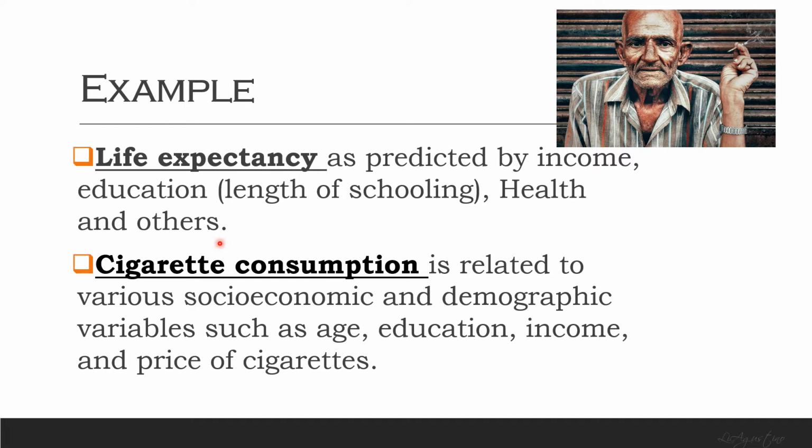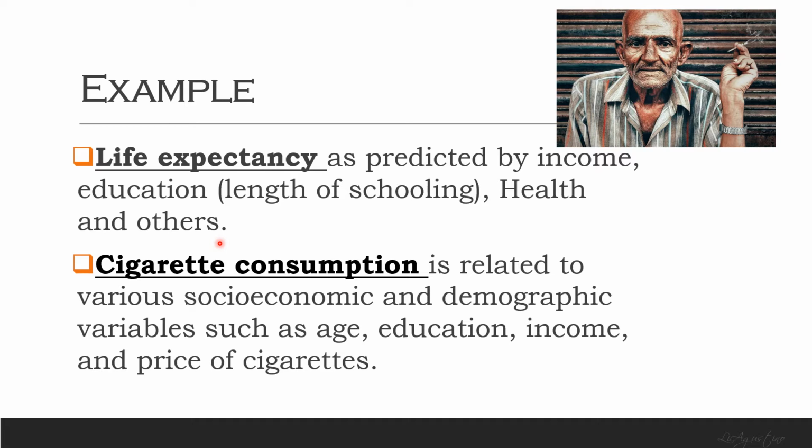So can my life expectancy be predicted by my income, by my education, by my health? Let's say if I am poor, can I live long? If I am rich, I can live long because I can afford nutritious food or medicines. Or if I am poor, will I live shorter?